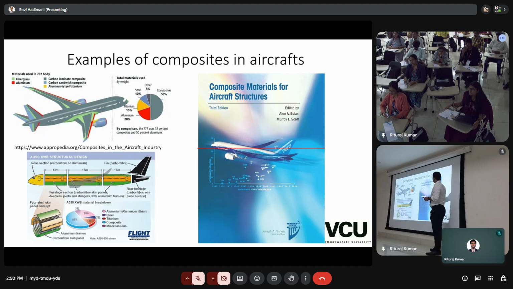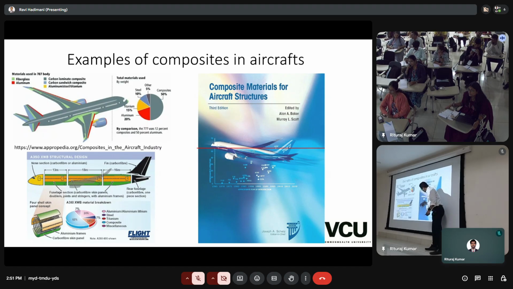This is a book on composite materials for aircraft structures, and the cover of the book has a graph, which is unusual. So you can see here, this is the year of introduction. This is 1965 all the way to 2020.